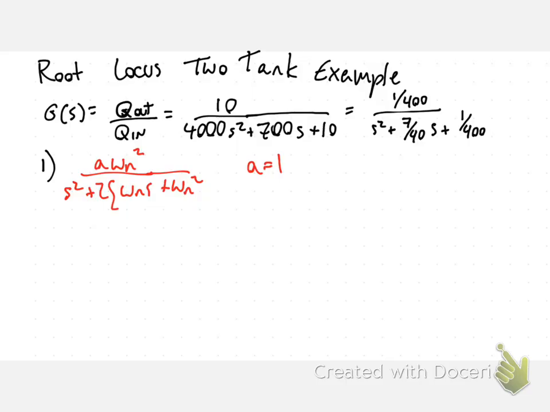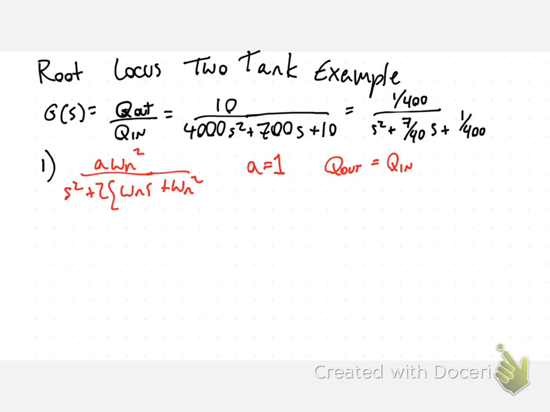So A is equal to 1, which means that Q out will equal Q in. So whatever our flow is that we put into it after we've reached steady state, we should approach that our Q out will equal our Q in.